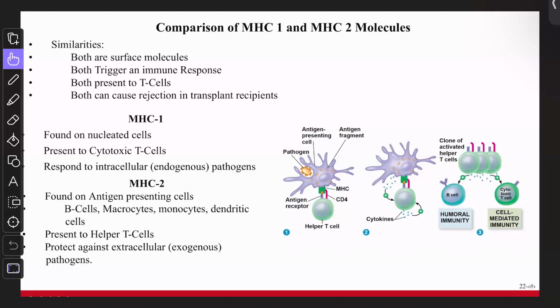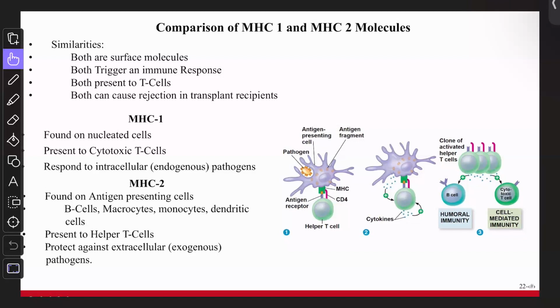Or is this an extracellular pathogen that I'm working with? In which case I need to alert the B cells. Okay, so MHC2 can be found on the same kinds of cells that some MHC1 are found on.